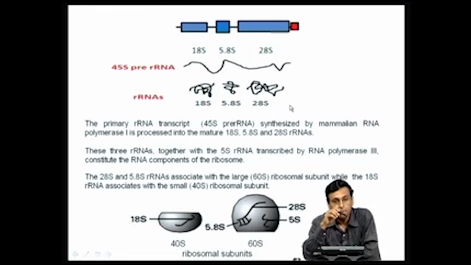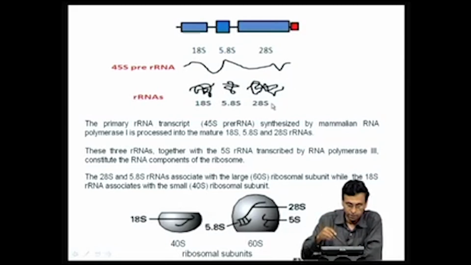So, a single precursor rRNA is synthesized from the ribosomal DNA unit by RNA polymerase I, and this rRNA is post-transcriptionally cleaved to the three different ribosomal RNA molecules, namely 18S rRNA, 5.8S rRNA and 28S rRNA.